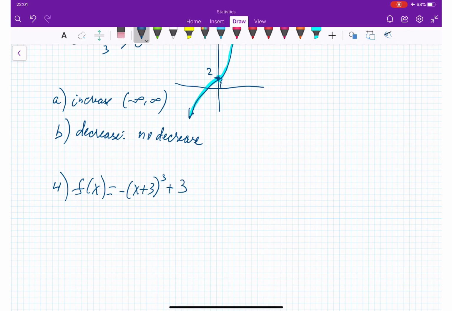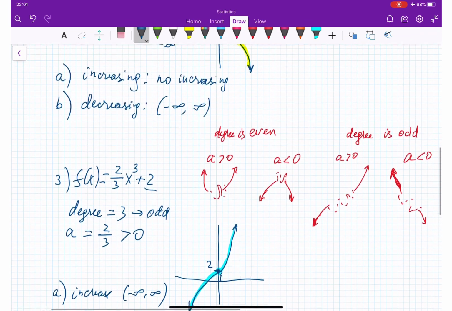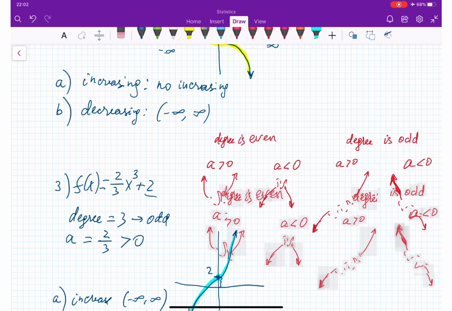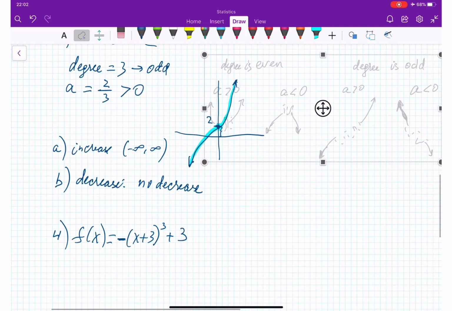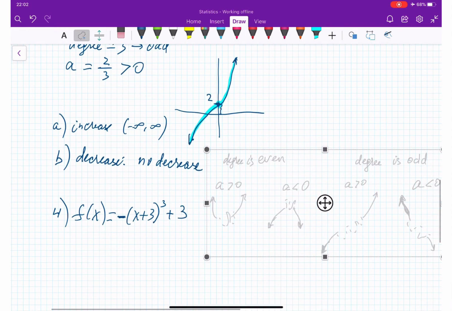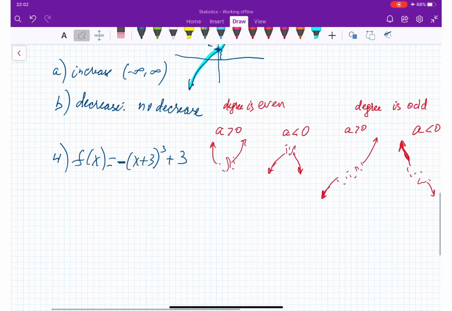Okay. So, first of all, let me move this down. Like I said, without doing much calculation, I'm going to show you how, looking at the polynomial, you can sketch the graph.